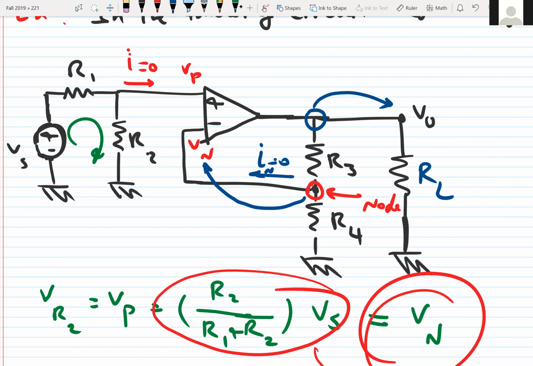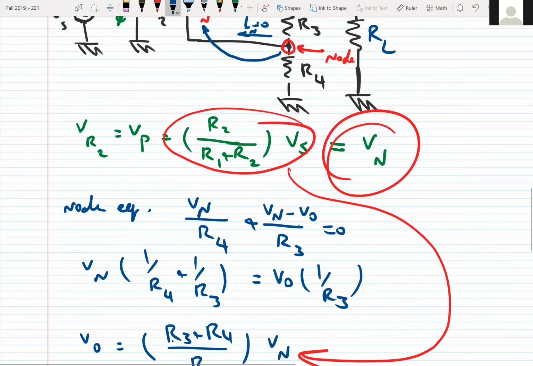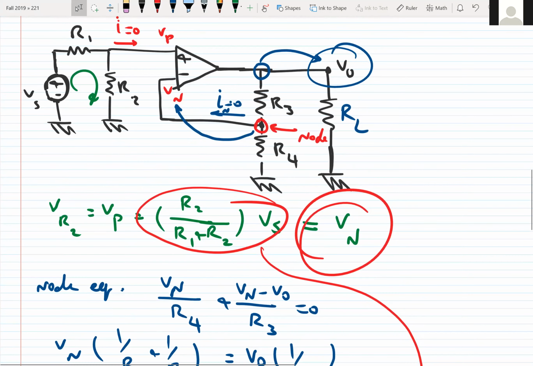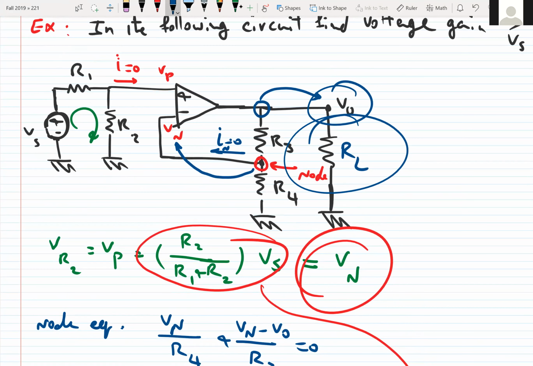No matter what the value of RL is, VO is independent of RL. RL can be zero, infinity, 10 ohm, 100 ohm. If you look at the solution, the load resistor does not affect the circuit, and it's very good because the characteristic of the circuit doesn't change by changing the load.